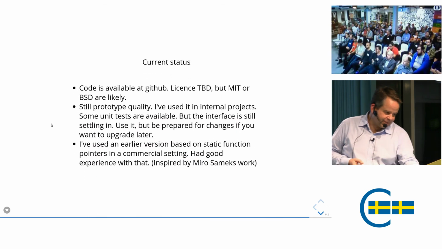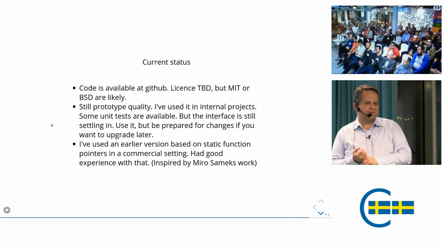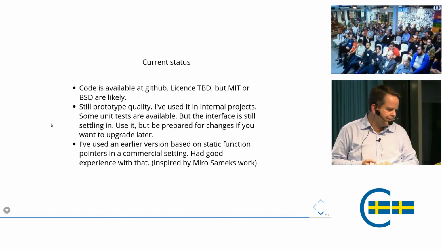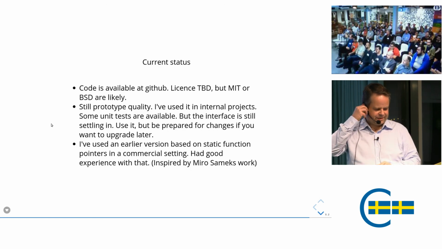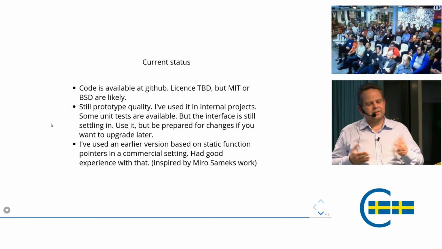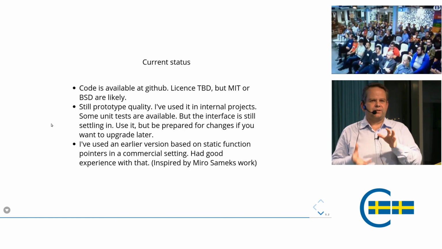Current status: available on GitHub. License to be defined, but MIT or BSD is probably the one I'm going to go for, fairly open. Prototype quality, I've used it for my own projects. It works fine. It's still under development, so the interface is sort of settling in. I think the state classes are fairly set by now.